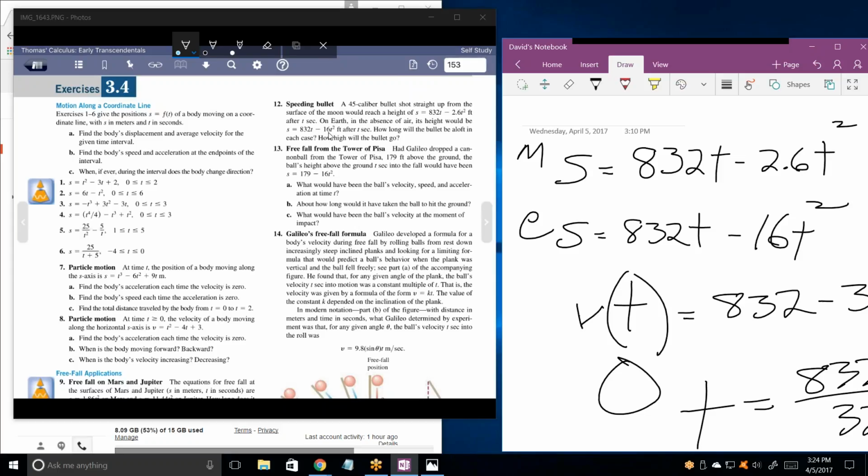In other words, on Earth, a falling object has a formula that has a 16 in front of the t squared always. In fact, a minus 16. Because the gravity on Earth is 32 feet per second squared, and that translates to a coefficient there of 16.